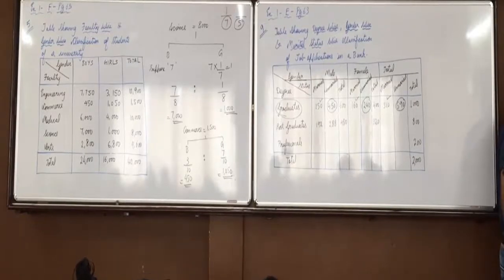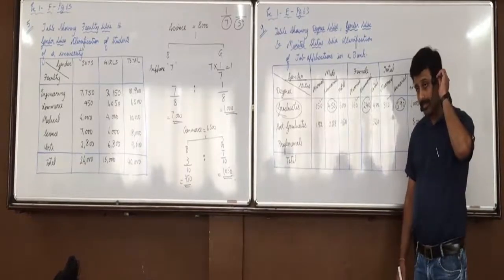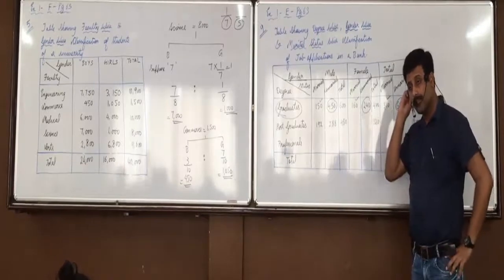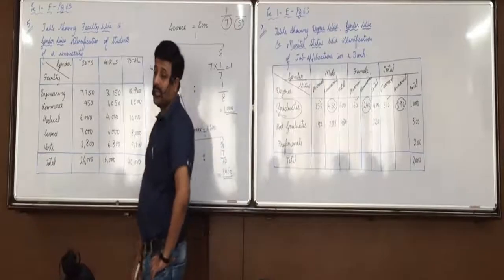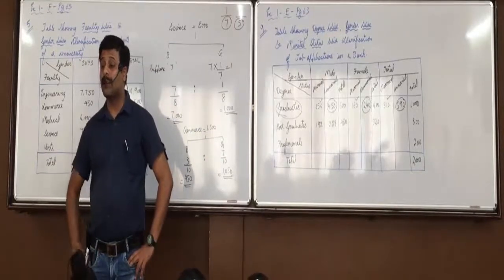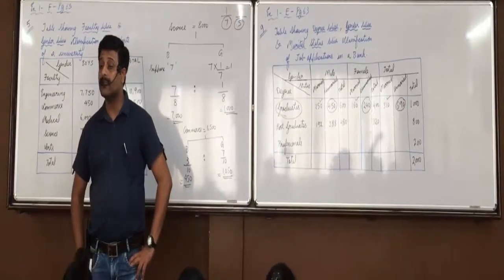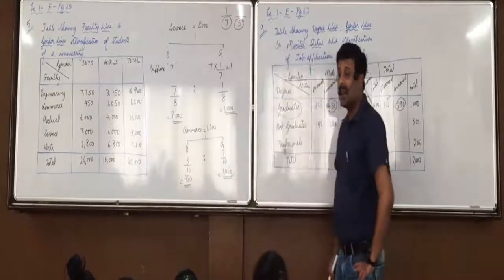Among the postgraduate females, 50% were married. How will you count this? What are the postgraduate females? What is the number of postgraduate females?